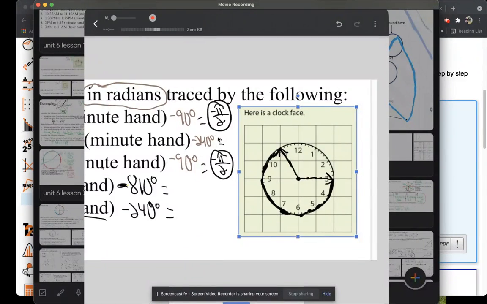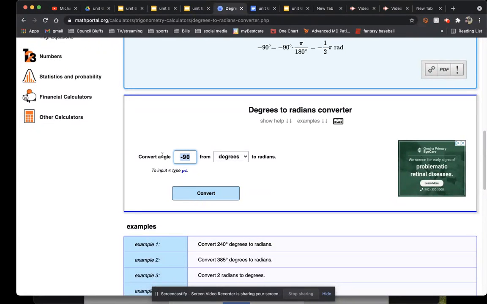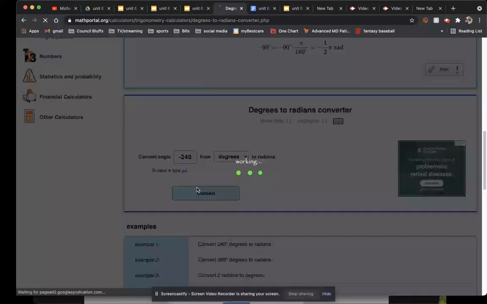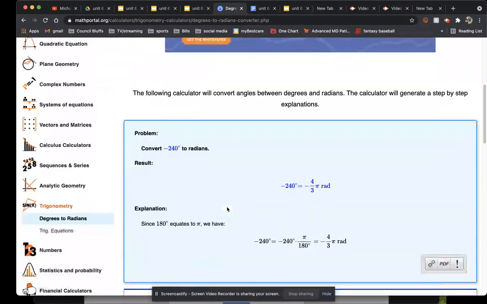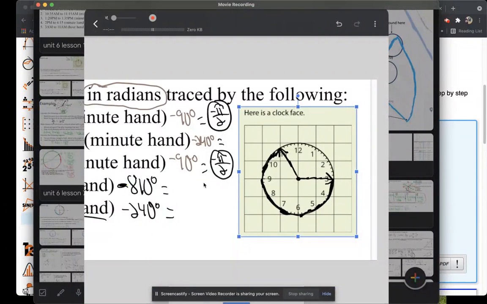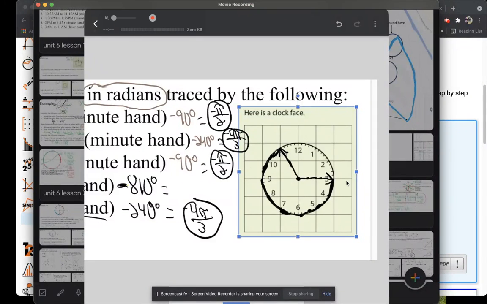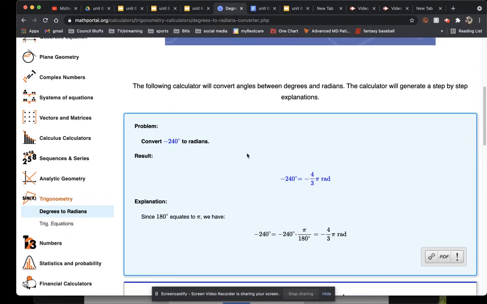Next, we have negative 240 degrees. Converting negative 240 degrees to radians is going to be negative 4 pi over 3. This will also be negative 4 pi over 3. And then the only other one we have to convert is negative 810.